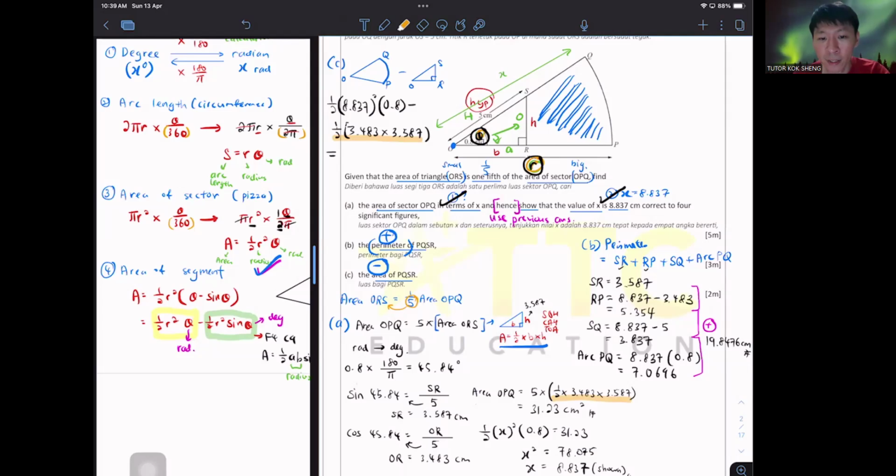That's minus 1 over 2. 8.837 squared and 0.8. Oh yeah, I just got the answer already. Okay, never mind, continue. Minus the triangle, 1 over 2, 3.483 and 3.587.